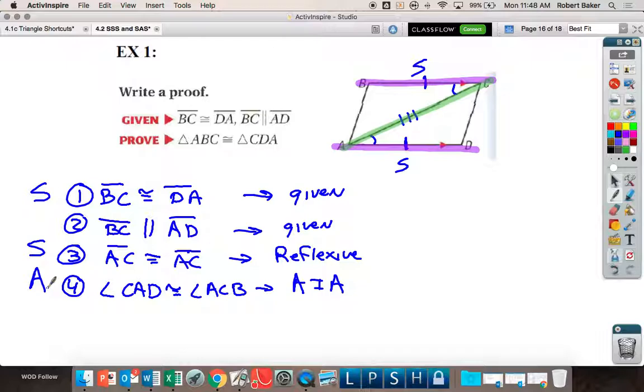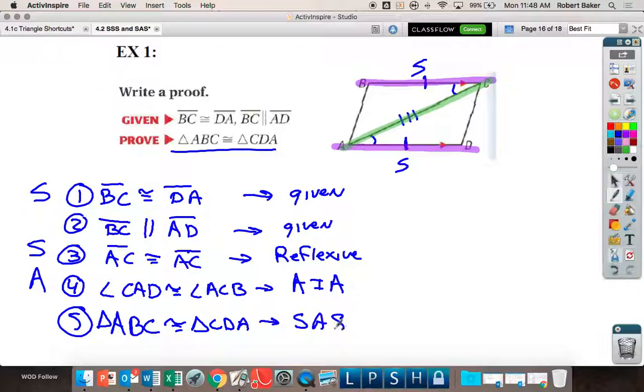Is it the ASS shortcut? No. It's the side angle side shortcut. Does side angle side prove congruent? Yes. So I can write the last statement. I know for a fact this is true. I know it's true because the side angle side shortcut says it's true.